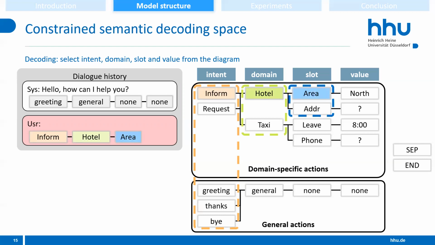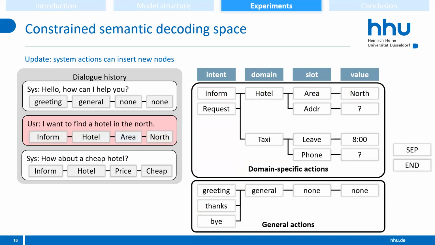Then it can only select slots from the hotel domain, for example, area, and the value belonging to the area slot. Then it can choose to keep generating semantic actions or stop. If it chooses to terminate generating semantic actions, then it can generate a natural language response based on the given context information and the semantic action generated by itself.